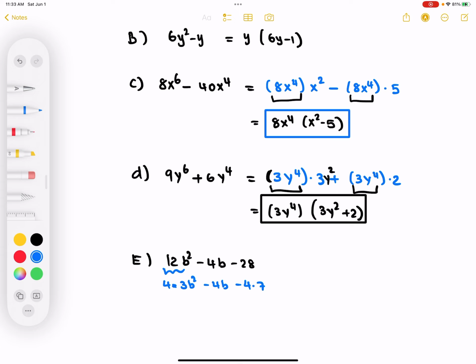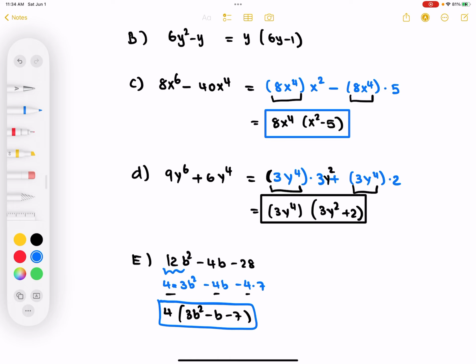Now, the only common factor is the number 4. Then we can factor out 4, leaving inside 3b squared minus b minus 7. This is the final answer for factoring this one.